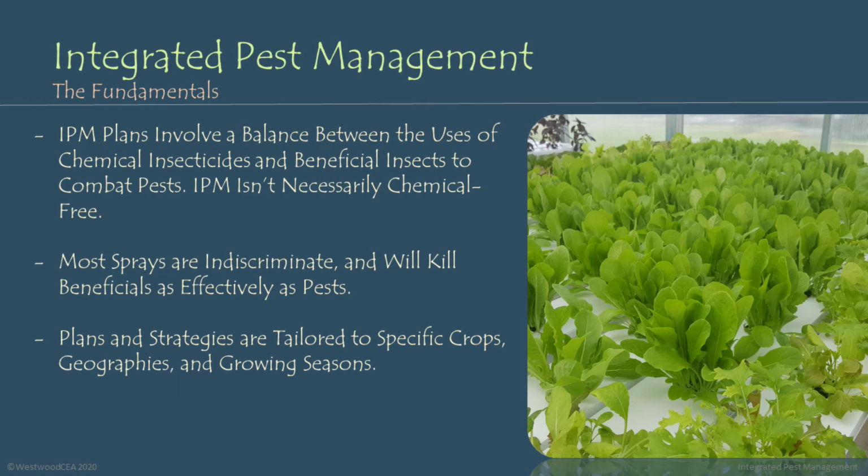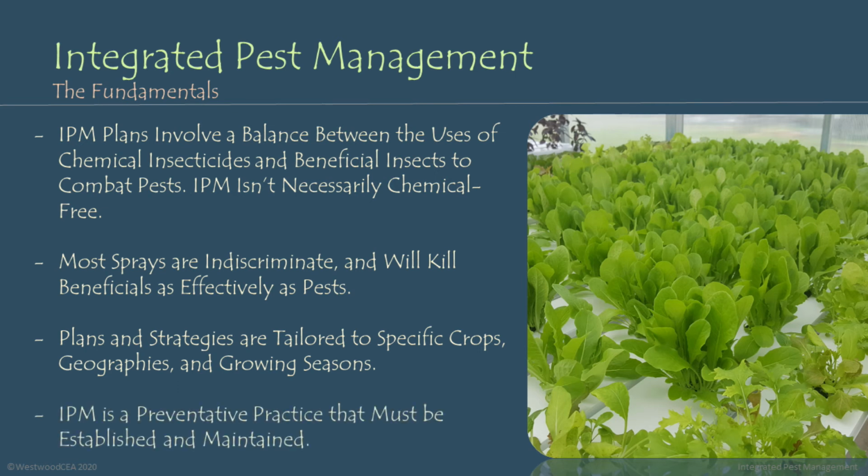A very important note here when talking about integrated pest management plans, and we're going to see why this is the case in the next couple lectures, is that integrated pest management plans are a preventative practice that must be established and maintained, ideally prior to you having a pest problem in your greenhouse.